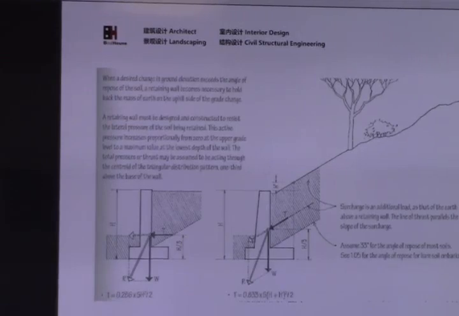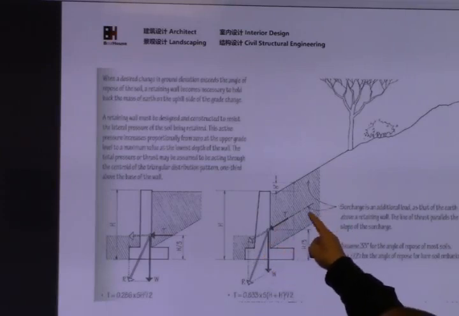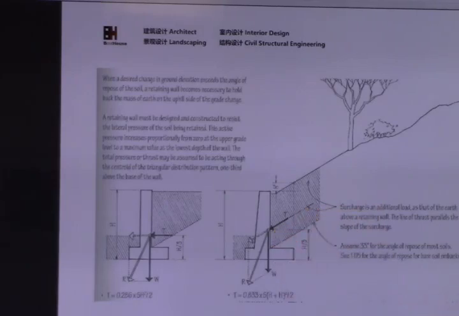Basically, for the wall, we will think about the pressure from the soil and the moment. So for this retaining wall, if the soil has the load, the pressure has the moment.